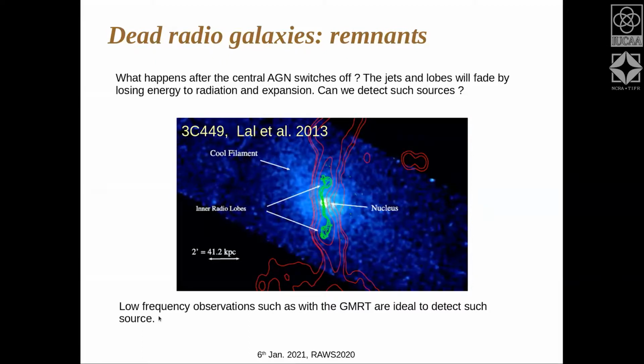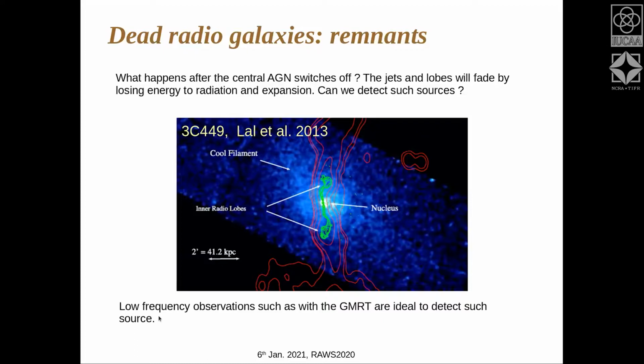So the distortions are not very common in BCGs. The distortions are on a larger scale, where the cluster medium starts to distort the jets. But in other galaxies, like the one I showed, 3C129, it is actually moving in the cluster, it is not the BCG, and it is infalling. So the jets are distorted on the scales where the ICM starts to change the shape, rather than the interstellar medium.